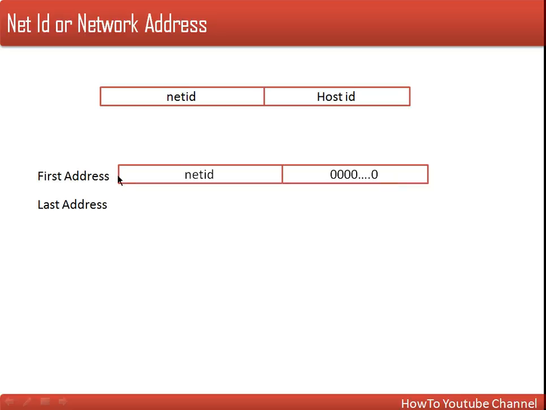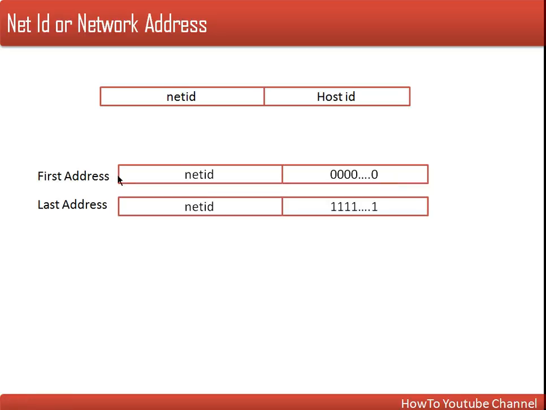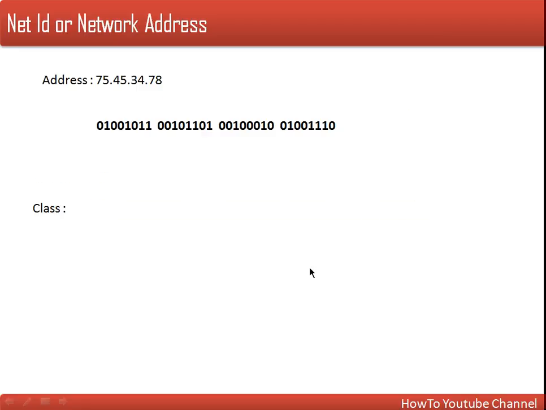This will be the first address of the network, and for the last address you have to take the network ID and put the remaining bits 1111. So let's have an example, then it will be more clear to you. Let's say we are having an address 75.45.34.78, and we need to find out the first address of the network to which this address belongs.